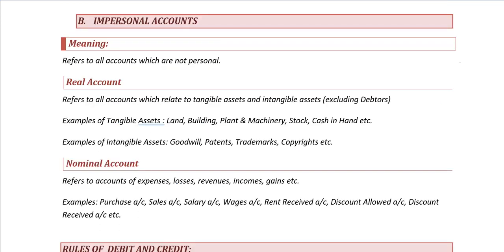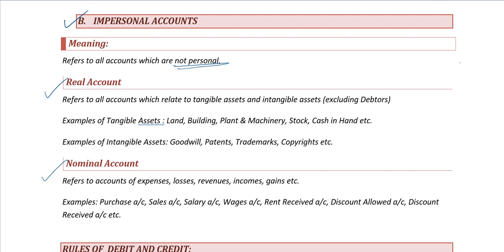Next, let's go to impersonal accounts. It refers to all accounts which are not personal. So accounts which are not personal are called impersonal accounts, and impersonal accounts may be real account or nominal account. Let's check out real account.